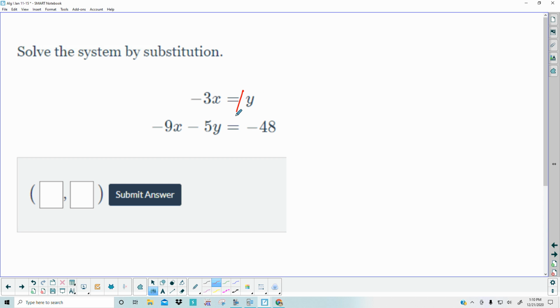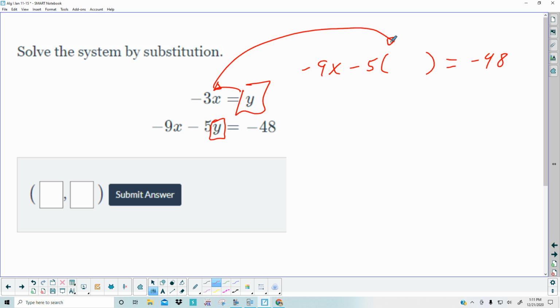Let's try this one. y is worth negative 3x. Replace this y with what it's worth. Negative 9x minus 5 times whatever y is worth is negative 48. y is worth negative 3x, and there's a y. Fill it in over here.